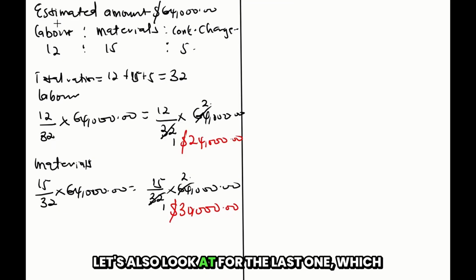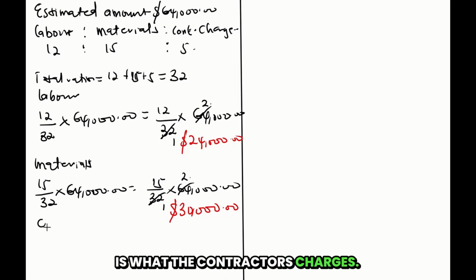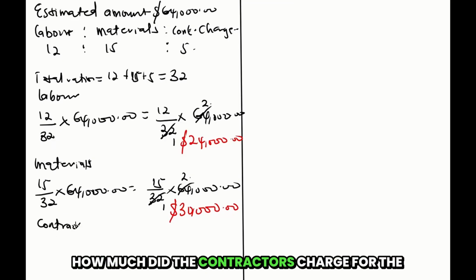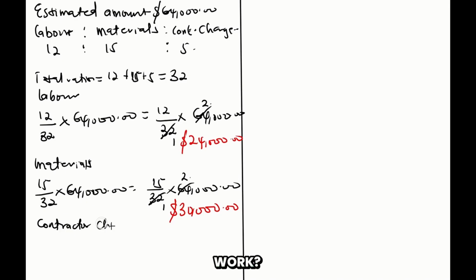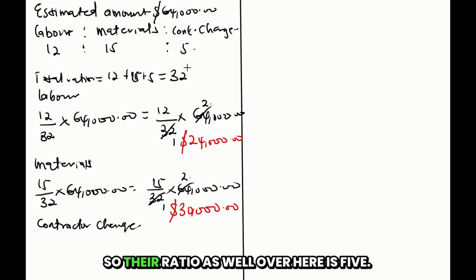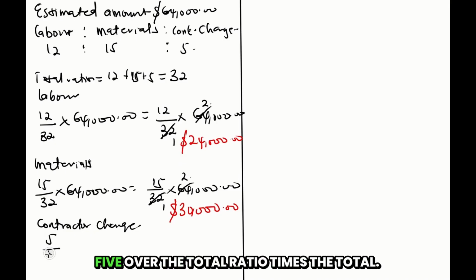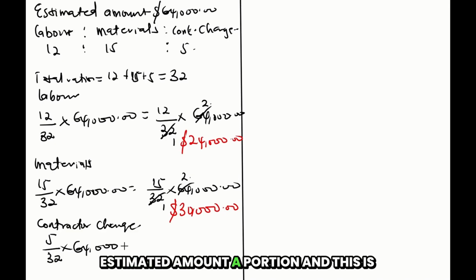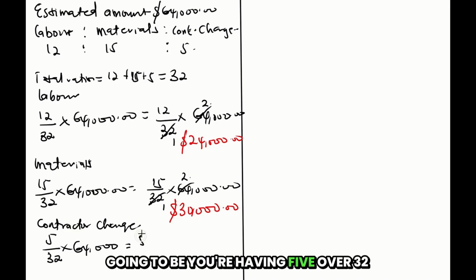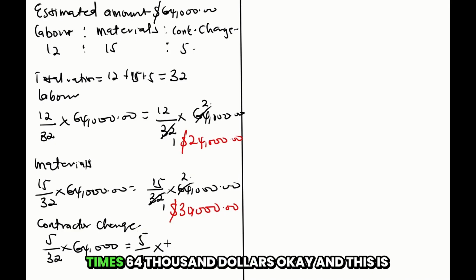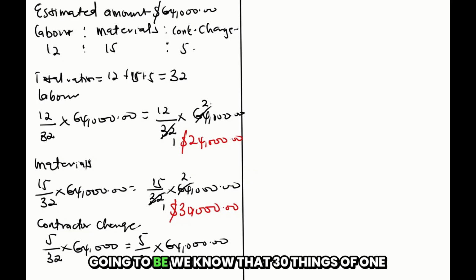Let's also look at the last one, which is the contractors' charges. How much did the contractors charge for the work? Their ratio over here is 5. So 5 over the total ratio times the total estimated amount. You have 5 over 32 times 64.